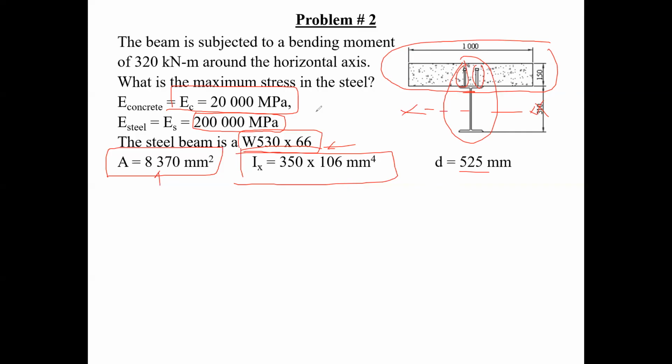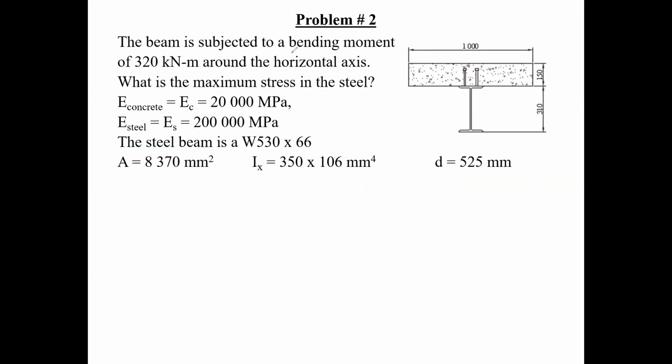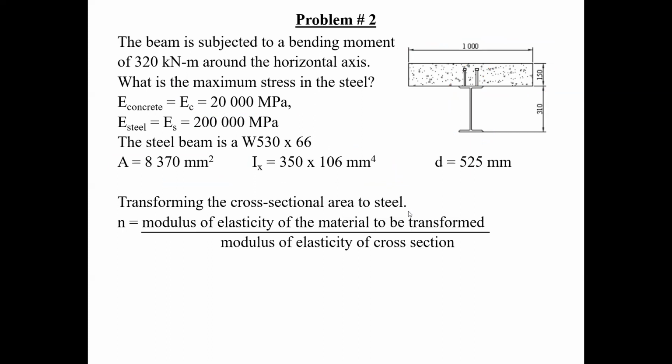So now transforming the cross-section area to steel, of course, we can take the modulus of the concrete in the numerator and the modulus of the steel in the denominator to get the ratio, the modular ratio, and therefore we end up with a value of... hold on a second, 2500 divided by 1.